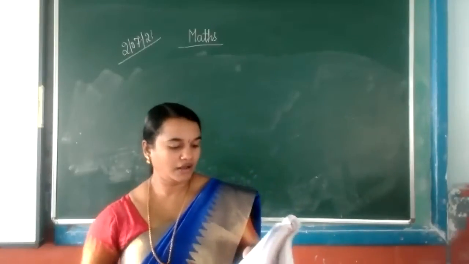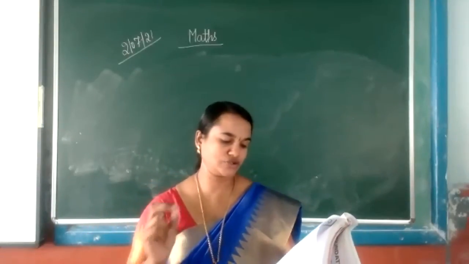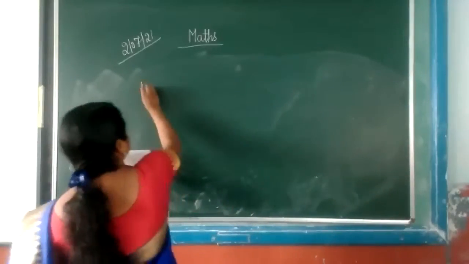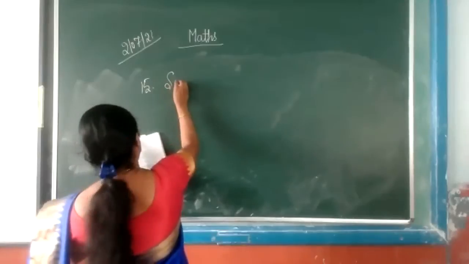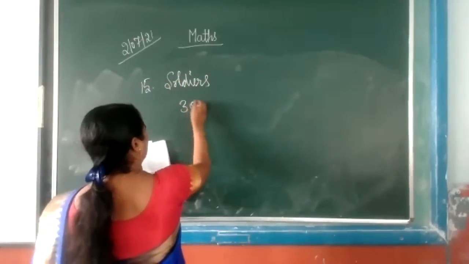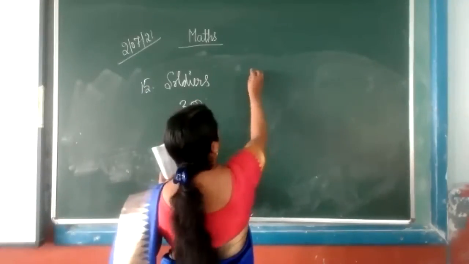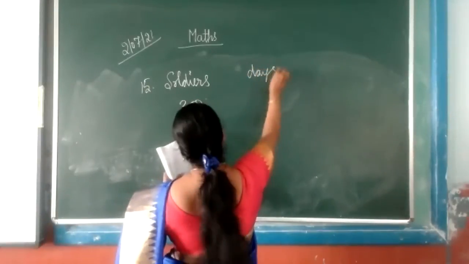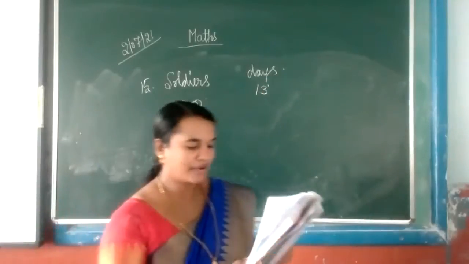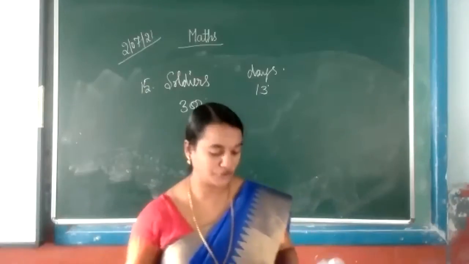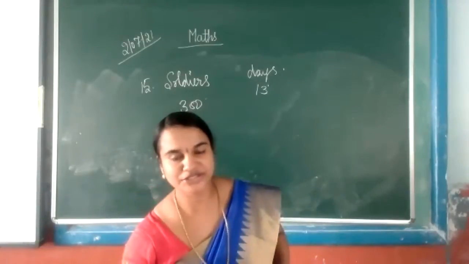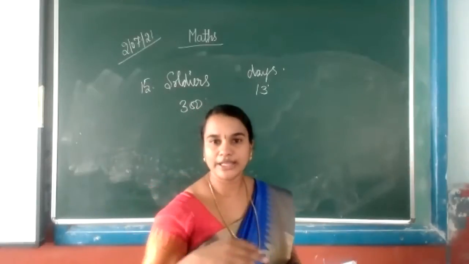In an army camp, 300 soldiers had provisions for 13 days. Now, if 40 of them are transferred to another camp, that means from your class of 60 students, 20 students go to another class.